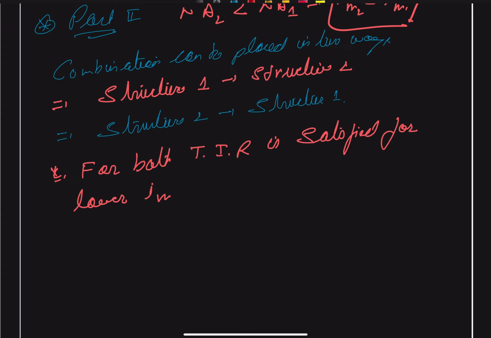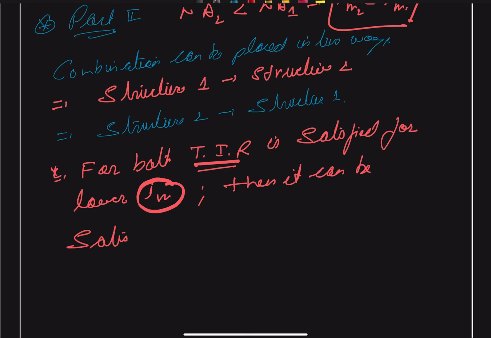Because if the condition for total internal reflection is satisfied for this value, then any value which is less than Im will also automatically satisfy the total internal reflection condition. So it can be satisfied for all other angles less than Im.